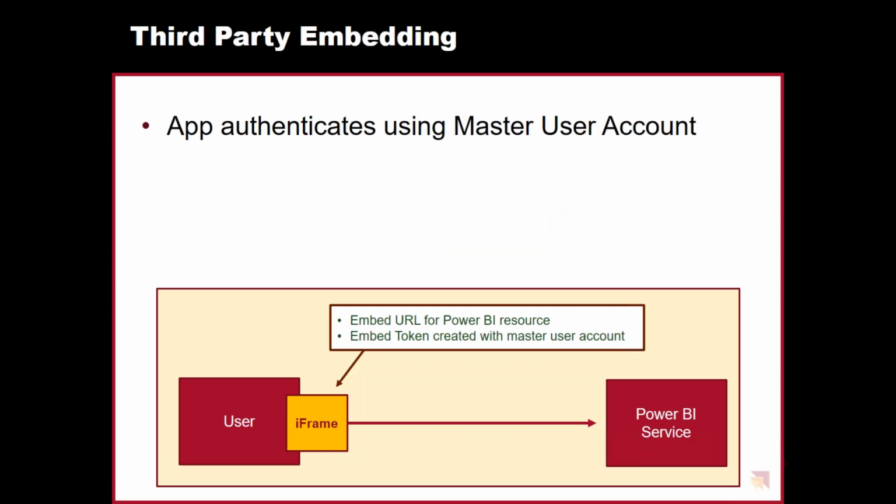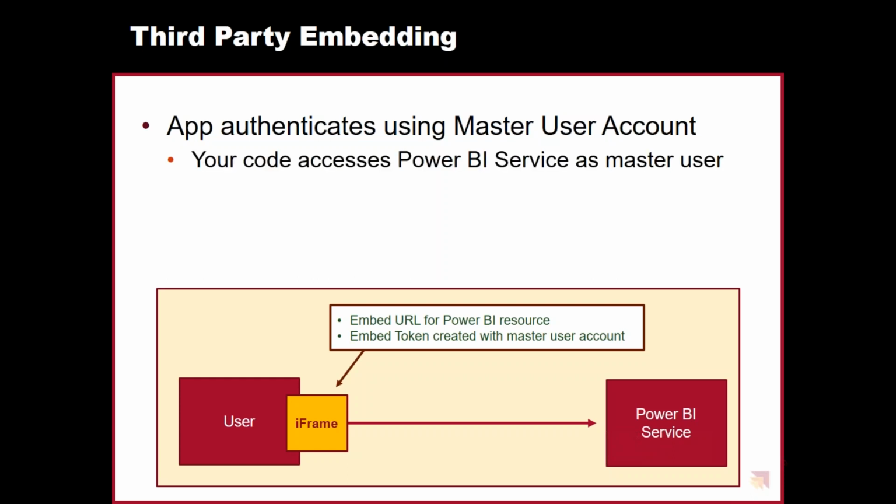Now, what's going to be more common is third-party embedding. With third-party embedding, we can't authenticate the user because it will do no good. The user doesn't have an Azure Active Directory account, and if he does, he certainly doesn't have a Power BI license. So what happens is we have to authenticate using a single master user account.